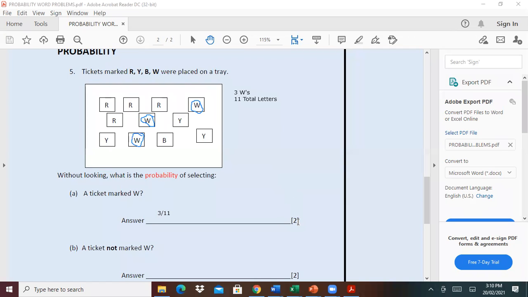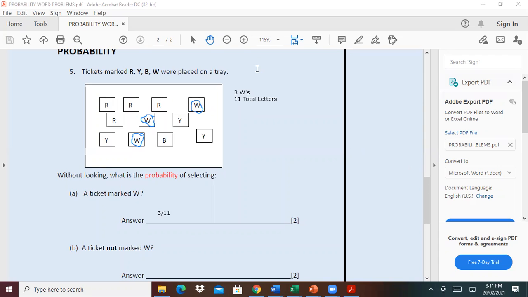So the fact that we have multiple points means that there are points awarded for showing how we derive the answer, our method. So if we just make a notation somewhere on our paper, we have 3 W's and we have 11 total letters, okay? That'll satisfy the working requirement. It satisfies that we know how we got to the answer.